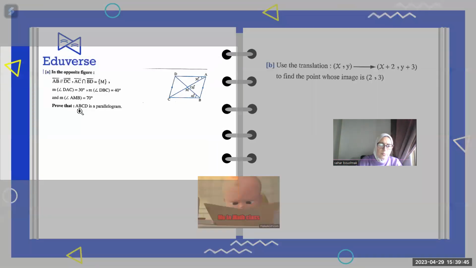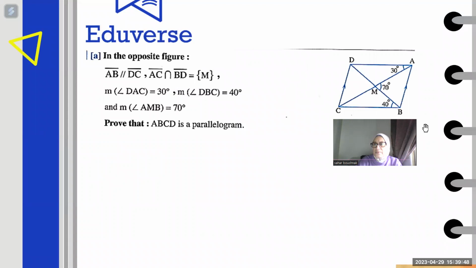Now, I will zoom in. You can make it easy.